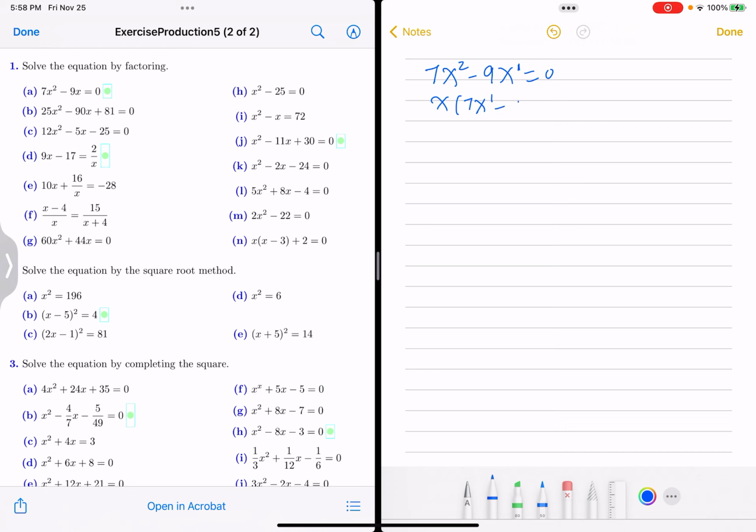And then here you have a 9 left because you pull x out. Between x and the quantity 7x minus 9, this is the product, or multiplication.